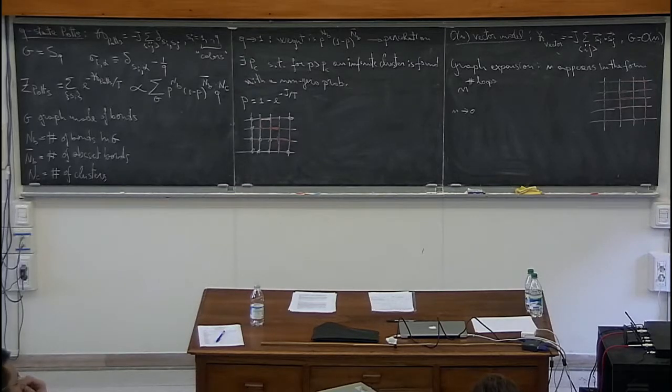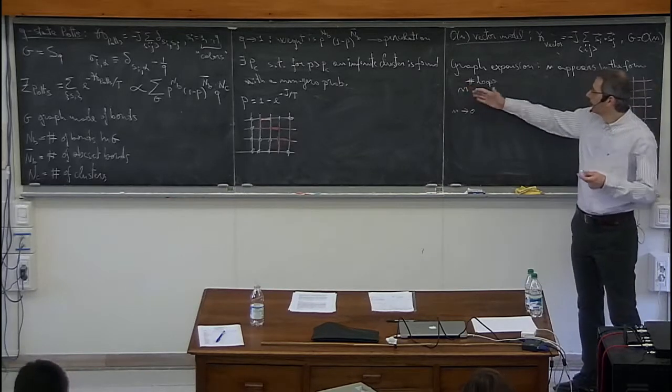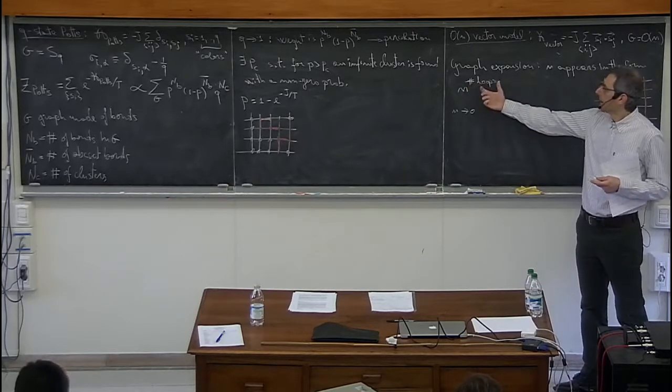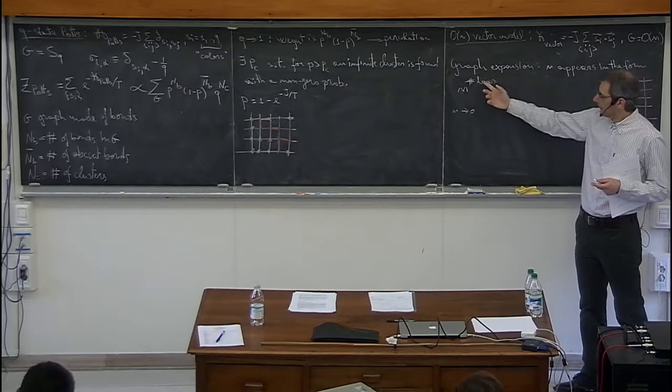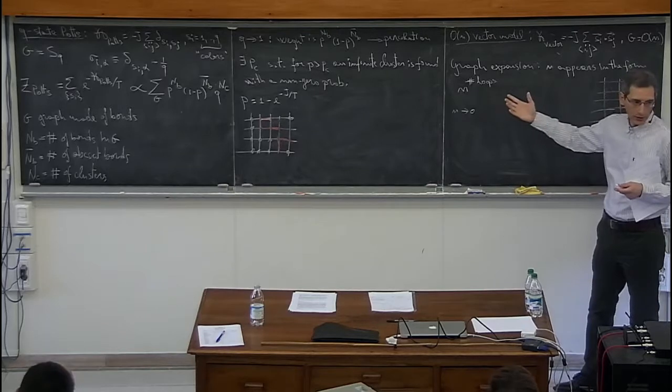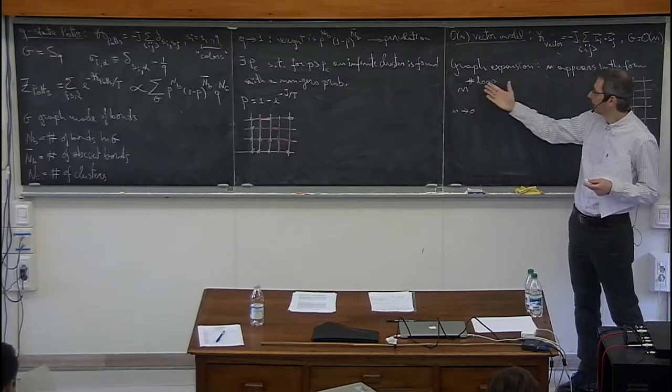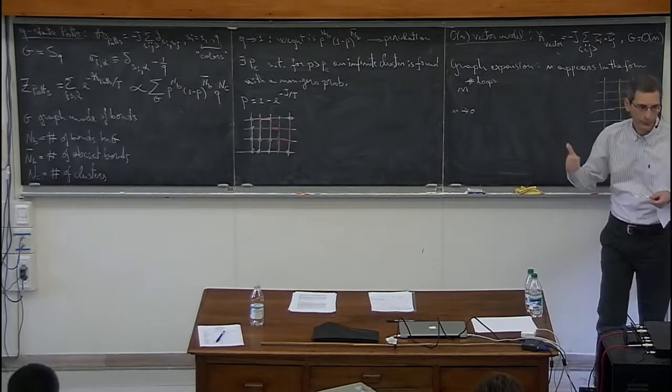So the graphs here are graphs made of loops. And so in the limit n going to 0, the partition sum is dominated by the configurations with a small number of loops. In particular, the first non-trivial configurations are those with one loop.